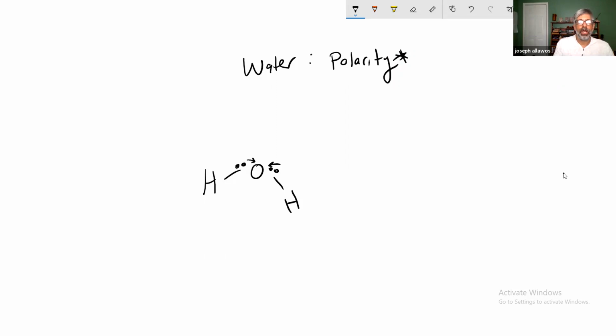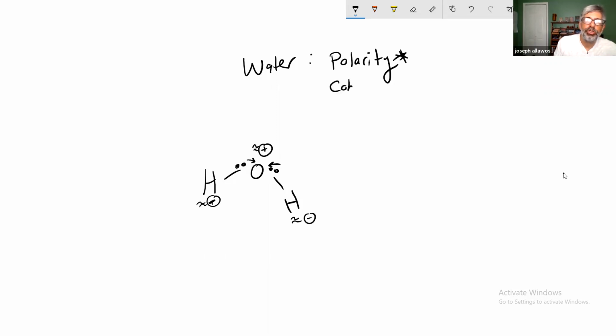For whatever reason, the oxygen wants to possess those shared electrons a little more than the hydrogen. The result of that is that the oxygen part of water is slightly negatively charged, and both of the hydrogens are slightly positively charged.